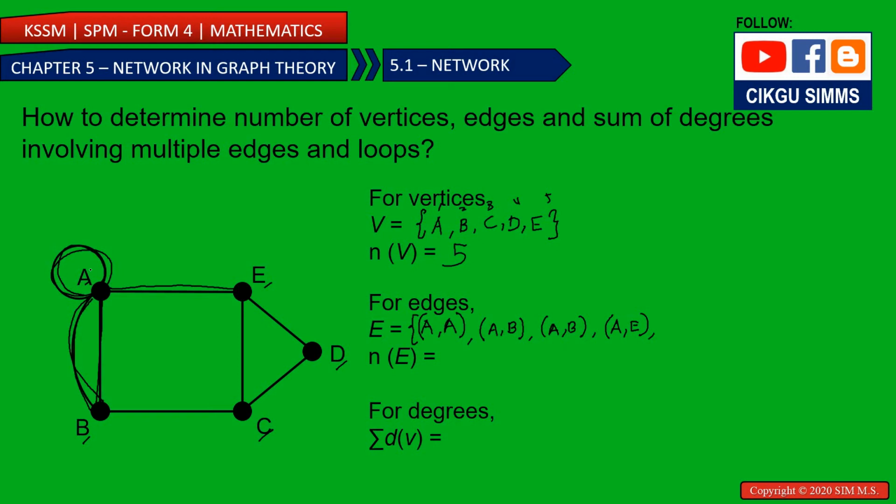I settled everything for A, so I go to B. B still has one more, which is this one. B to C. So I write B to C. B is also settled.